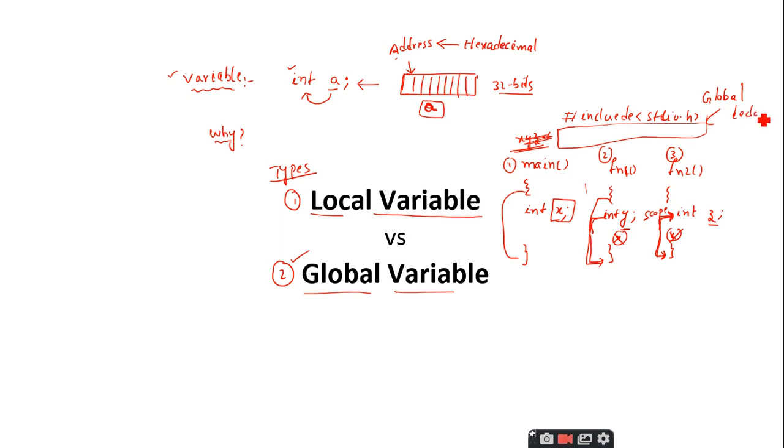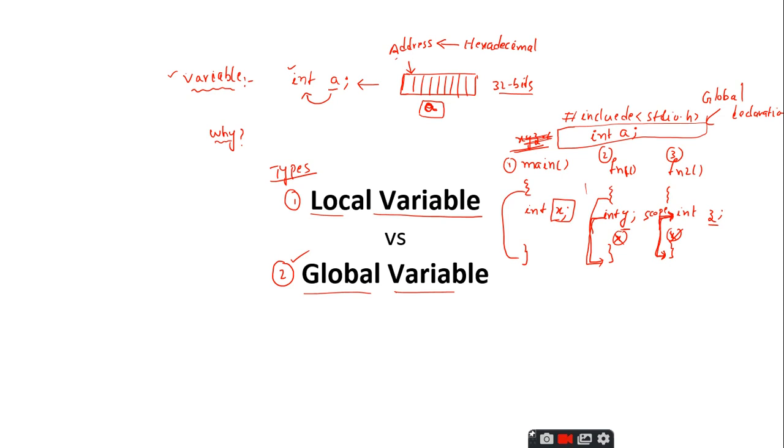Anything you want to declare globally, you declare here. If I declare a variable like int a, you can declare it here because it is a global declaration section. You can declare the global variables, or you can declare the function prototypes.